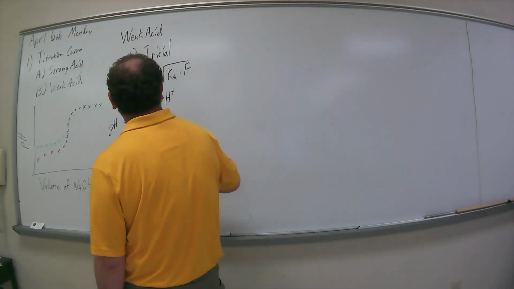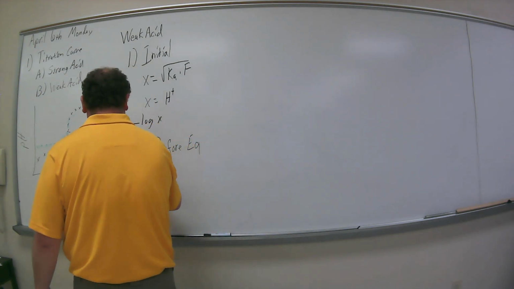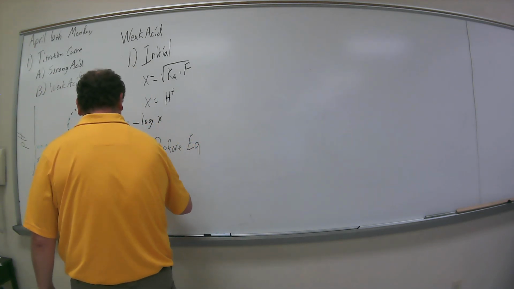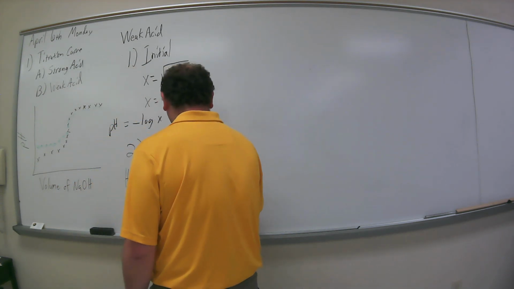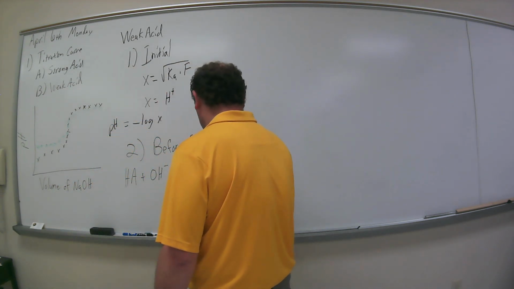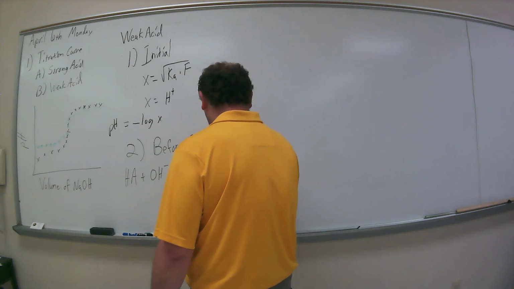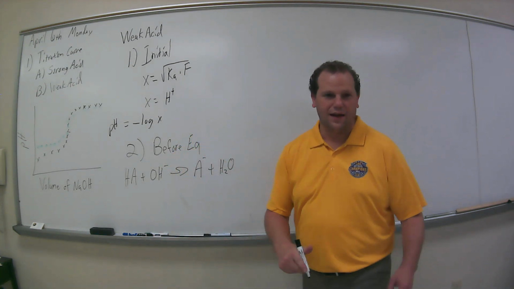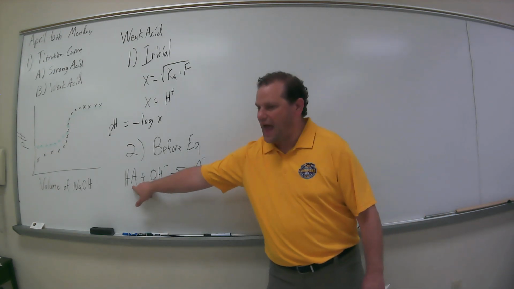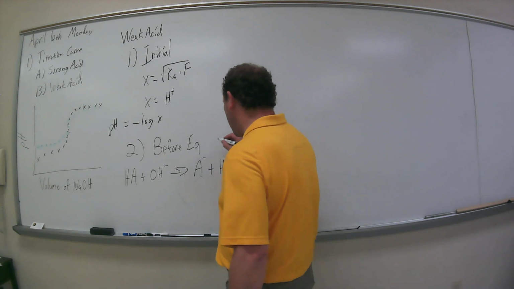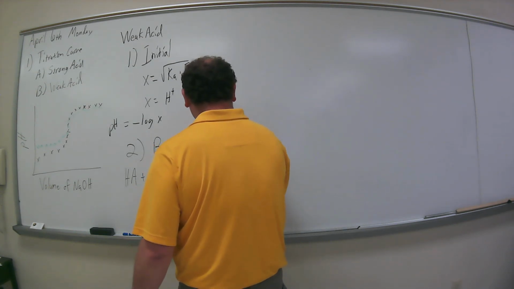So if we write a generic acid, we're going to add some OH to it, and guess what? We're going to produce some of its conjugate form plus water. Guess what we've now created? We've created the conjugate base-acid pair. So now this is really a buffer problem.